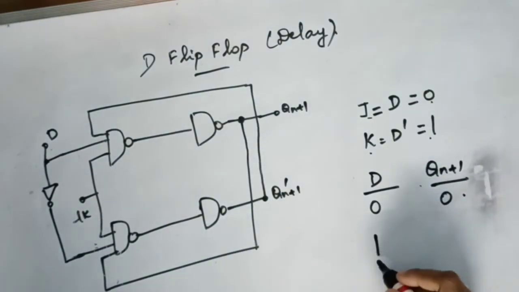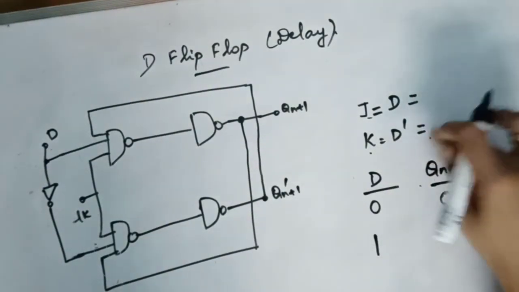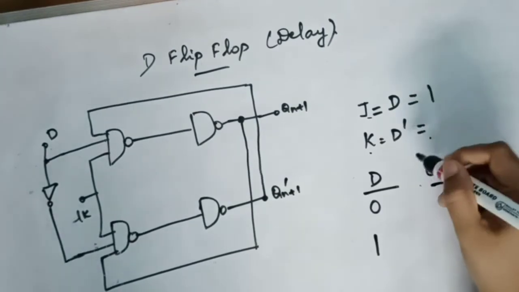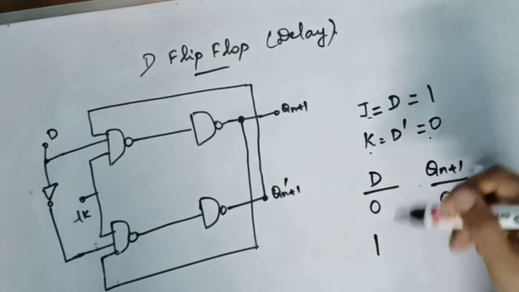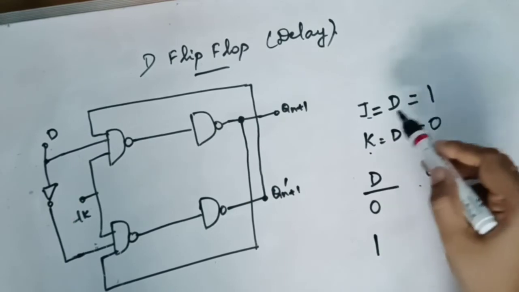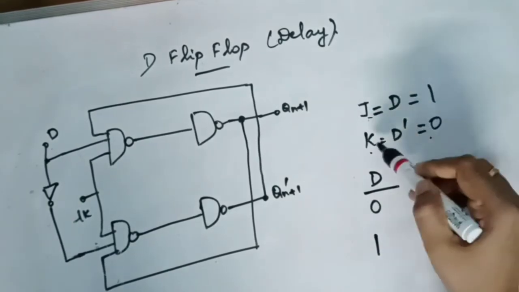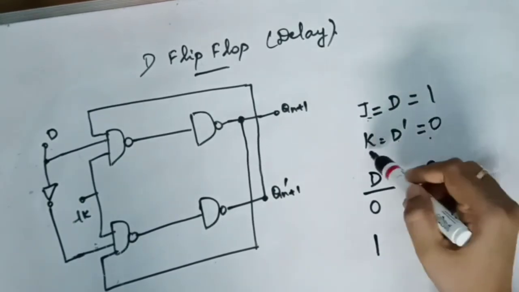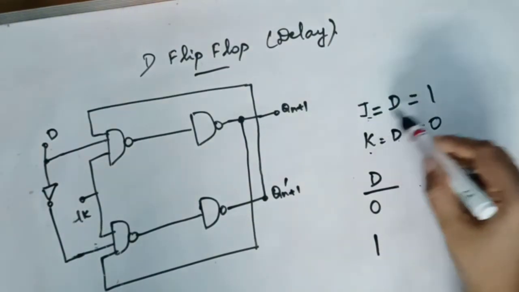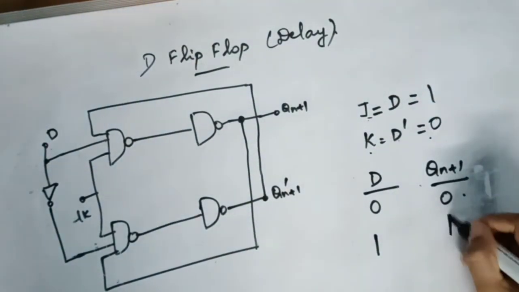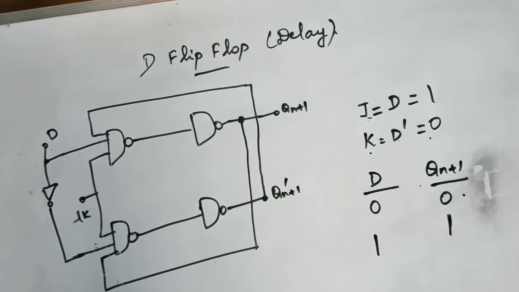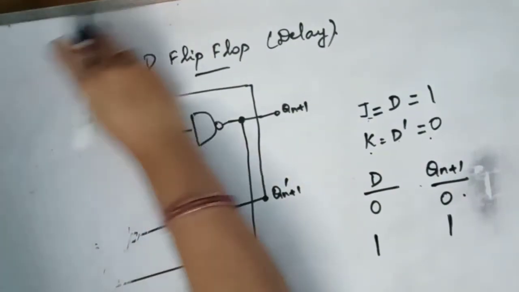In the second case, D equal to 1 means J equal to 1 and D bar equal to 0, that is K equal to 0. So J 1, K 0 gave 1. So these are the two characteristic tables of the T flip-flop and the D flip-flop.